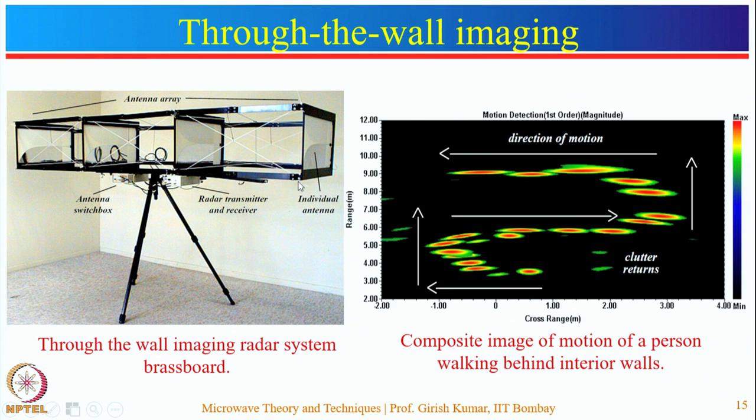Now in this case, the walls are stationary, so the reflection will be constant. However, the reflection will vary due to the movement of the person. So the reflection due to walls can be suppressed and the motion of the person can be tracked easily with the help of this system. So this is a very useful application from the security point of view.